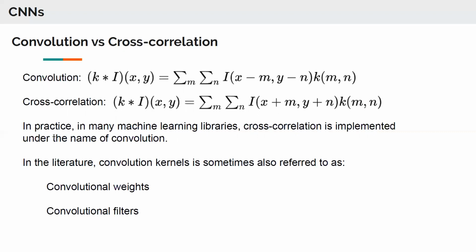And the other thing we should remember is that this function, which we have been calling the convolutional kernel, is also sometimes referred to as convolutional weights or convolutional filters, just so that you don't get confused if you read some papers in this field.